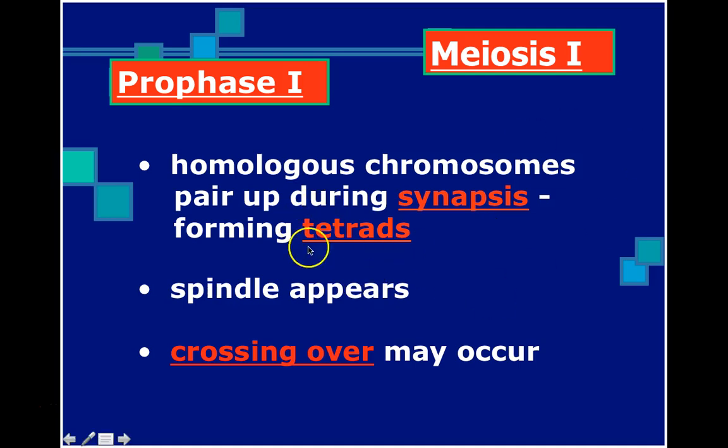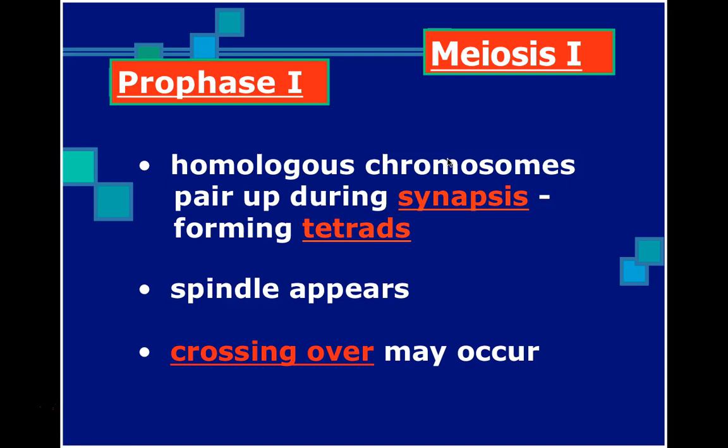And when they do that, they form something called a tetrad, which I'll show you in the next picture. It's going to be a little bit easier for me to explain that on the next page. But all of this, just understand that the homologous chromosomes need to find each other before they start lining up in metaphase.